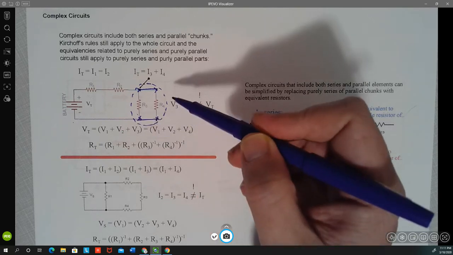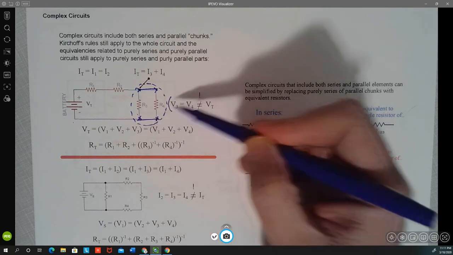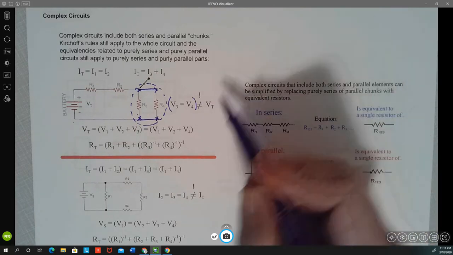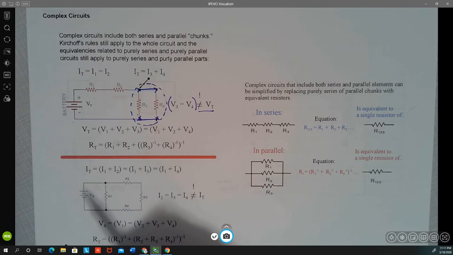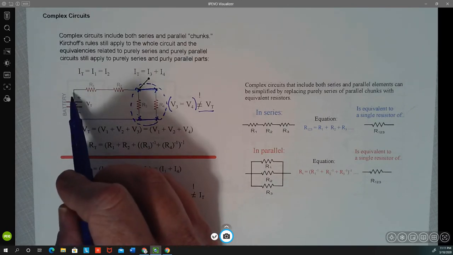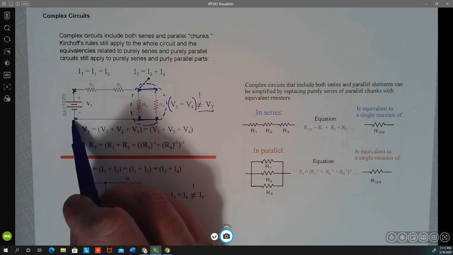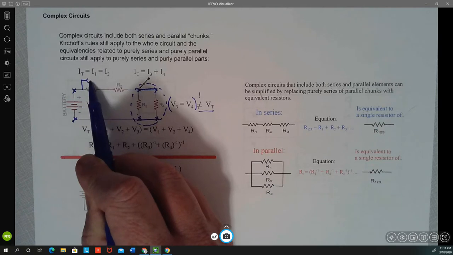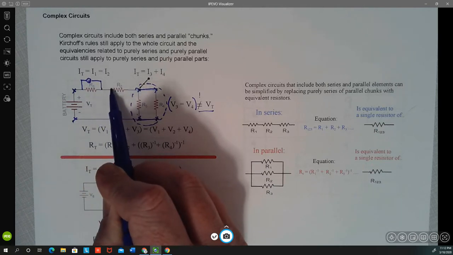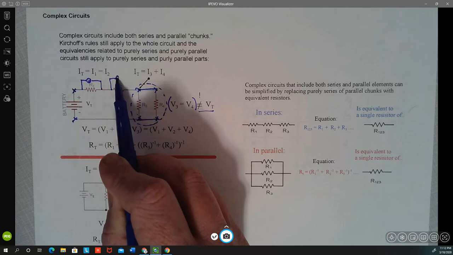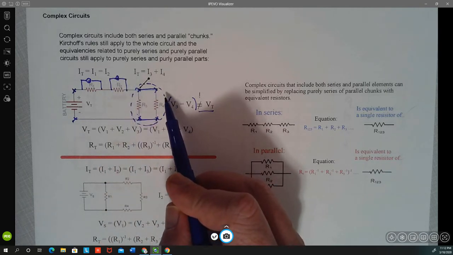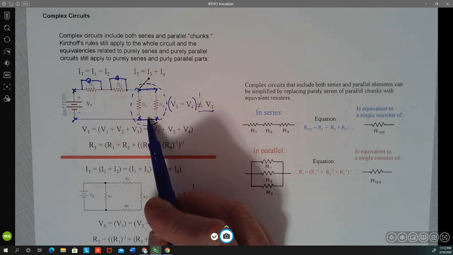So the voltage we'd read across resistor 3 and resistor 4 are the same as each other, but importantly, we can't overgeneralize and say that it's the same as the total voltage, because the total voltage would be measured between here and here, and some voltage would have to be lost across this resistor, and some voltage would have to be lost across this resistor. So only the remaining voltage would be dropped across resistor 3 or 4.